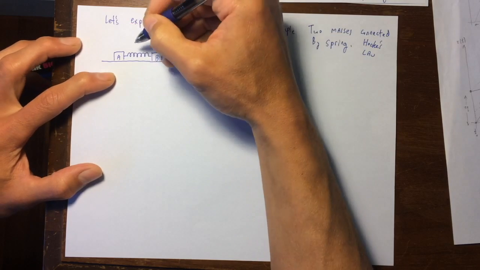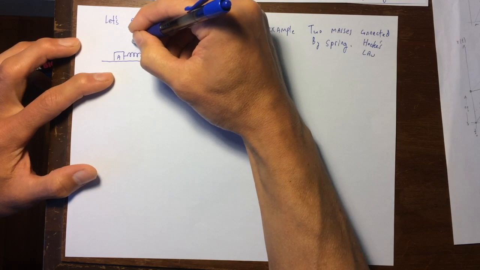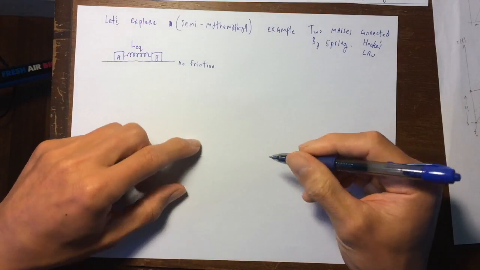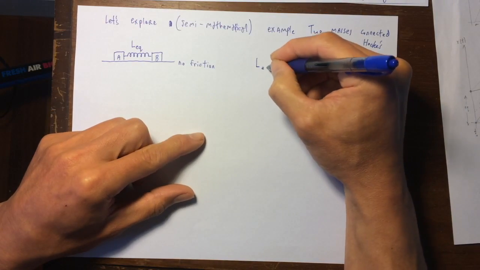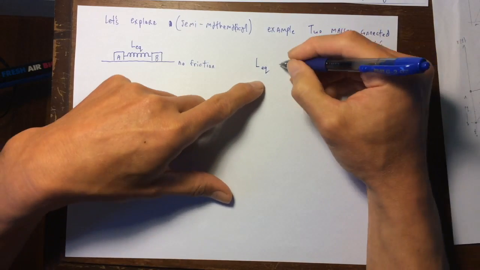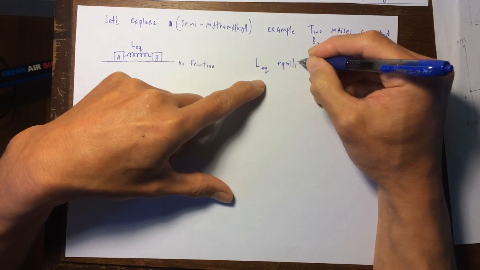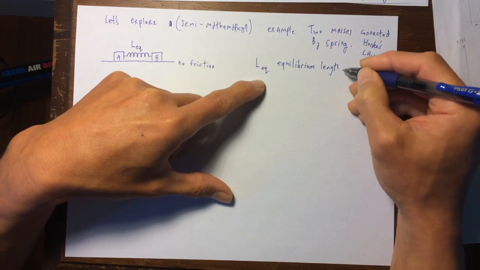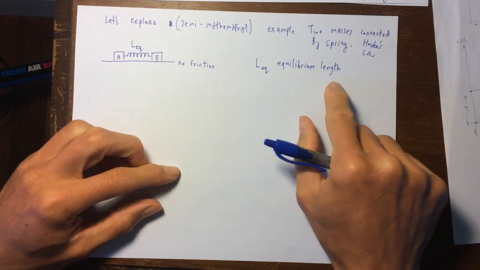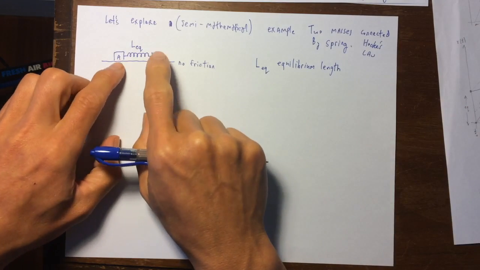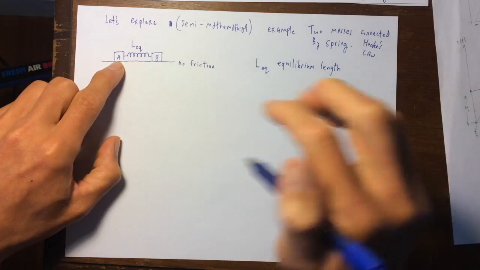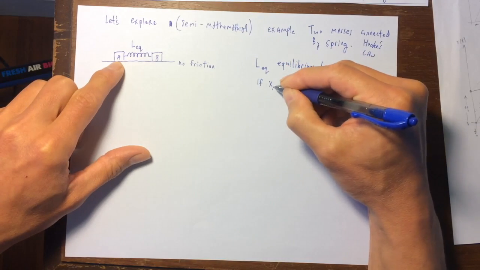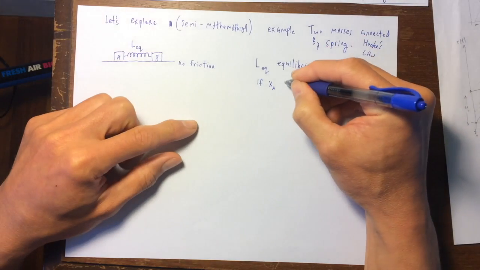And this spring has an equilibrium length. So L_eq is the equilibrium length.